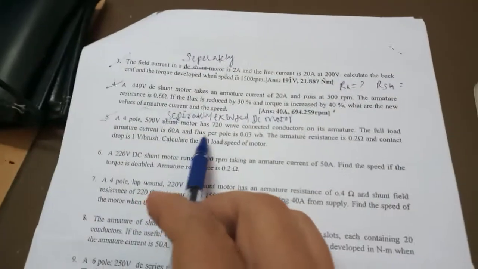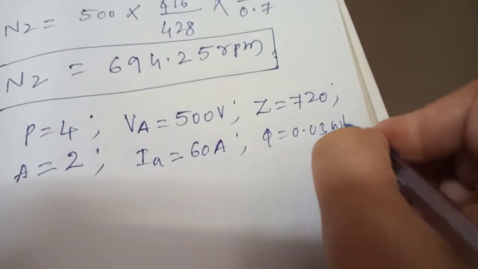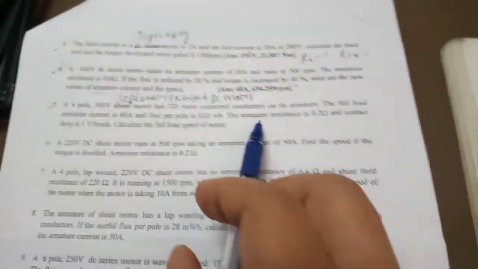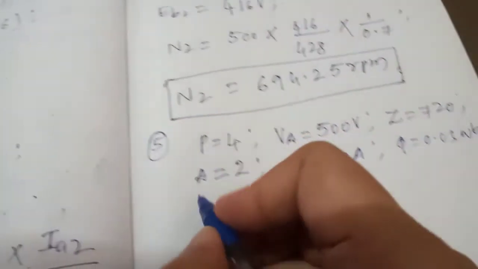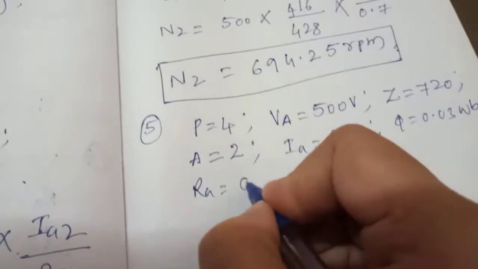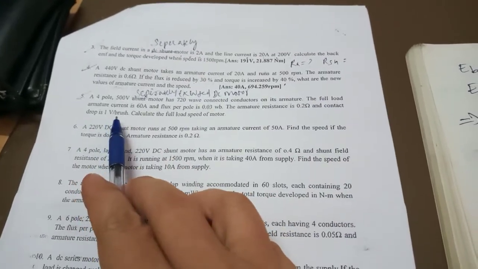Flux per pole is 0.03 Weber. The armature resistance RA is equal to 0.2 ohm, and the brush contact drop they have given is 1 volt per brush.